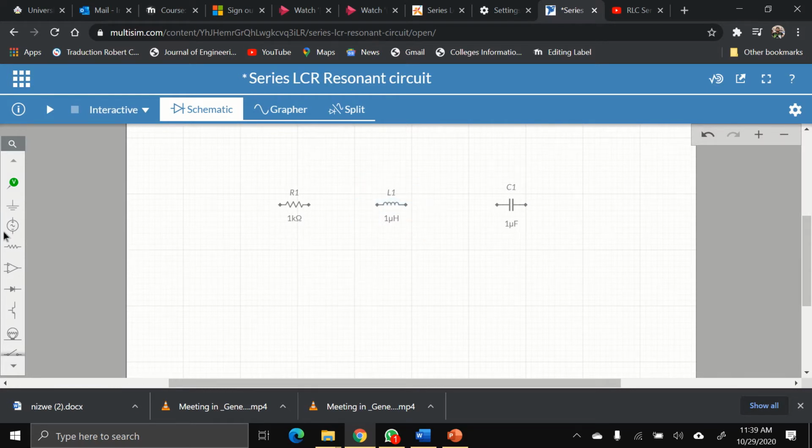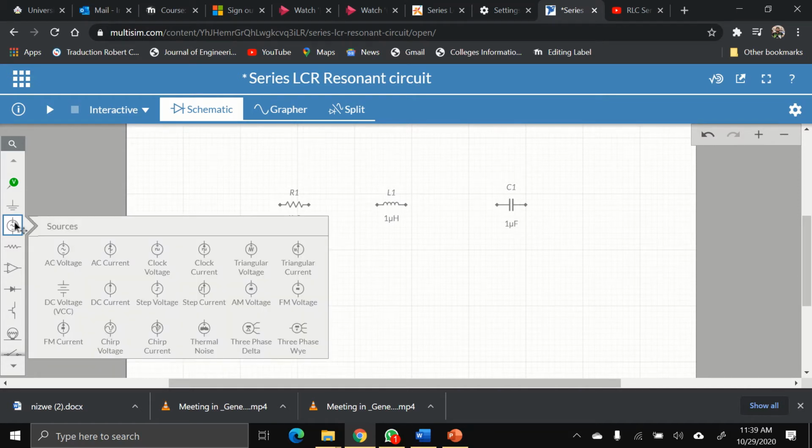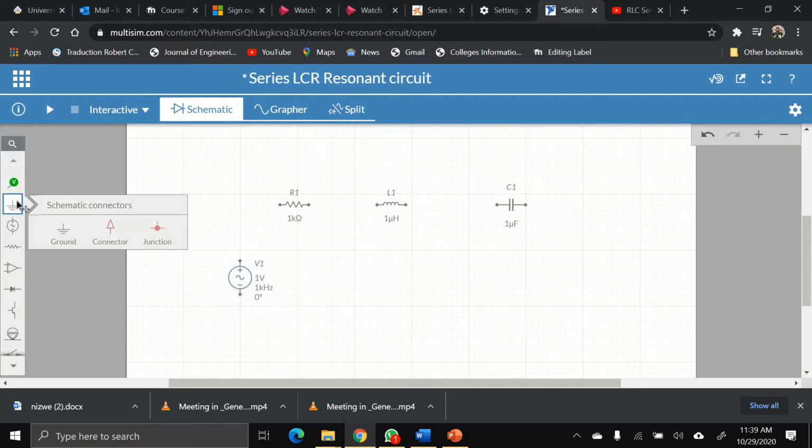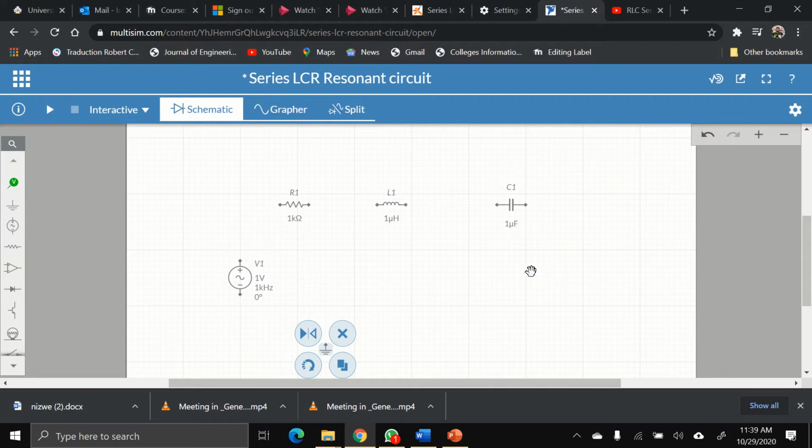And next I need the power supply sources. Here we have AC sources and DC sources. So I need the AC voltage source. I am keeping one AC voltage source here, and I also need a ground, so I am keeping the ground here.